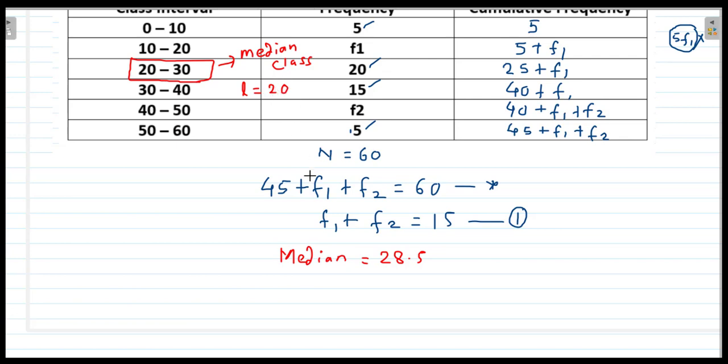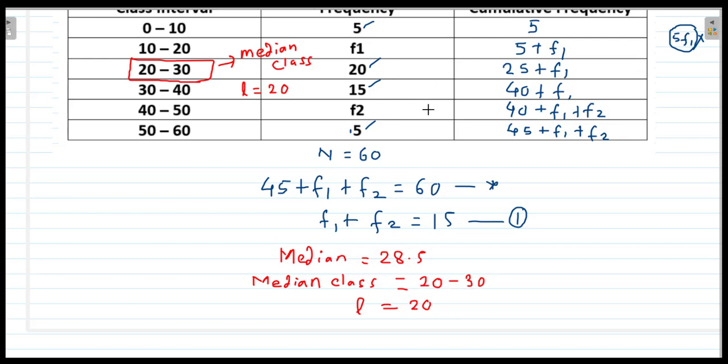So L is equal to 20, median class that is equal to 20 to 30, and therefore L, that is lower term, is equal to 20, lower term of the median class.